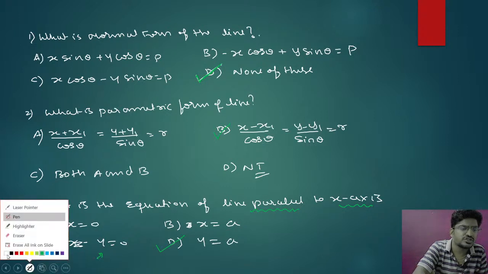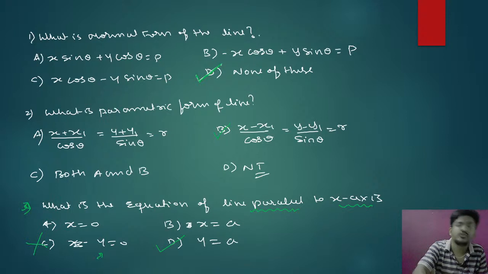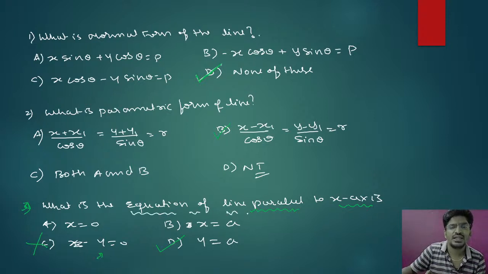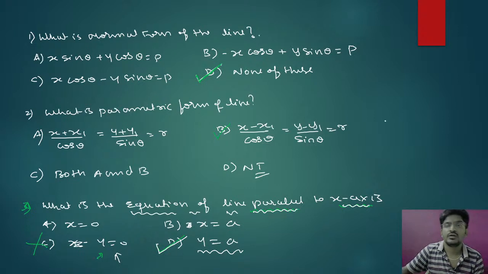First, read the question very patiently. Have patience while solving the problem. What are they asking? The equation of the line parallel to the x-axis. So see here, option D is correct, that is y equal to a. Y equal to 0 is the equation of the x-axis.